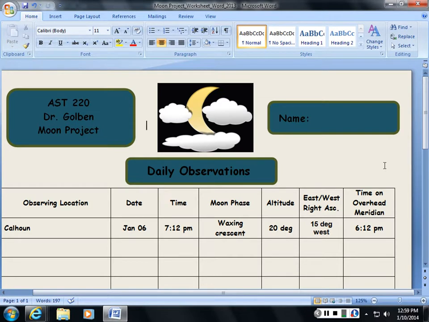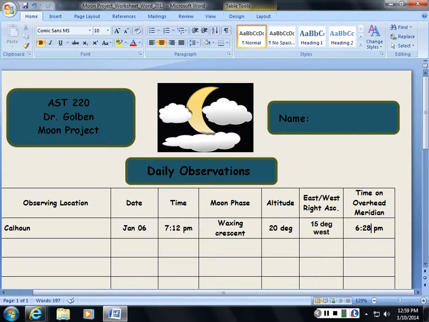So we need to add 16 minutes to all of our measurements across the board, to account for our location in the time zone. I'll make this 6:28 p.m., and that is my time on the overhead meridian.